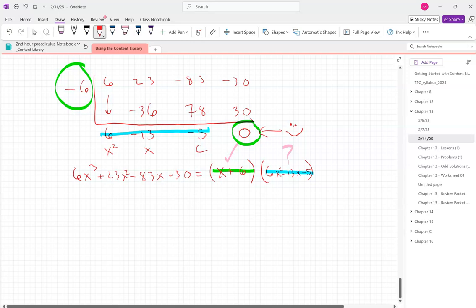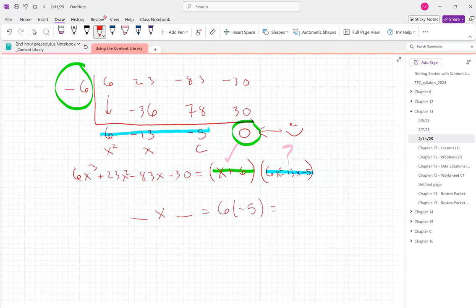So I'm going to say, okay, I want to find the two numbers that multiply to give me the leading coefficient times the constant term, and then add to give me that middle term.